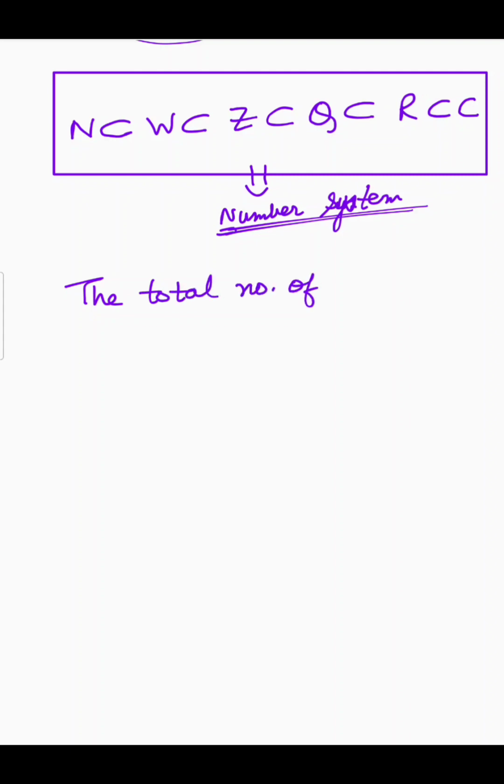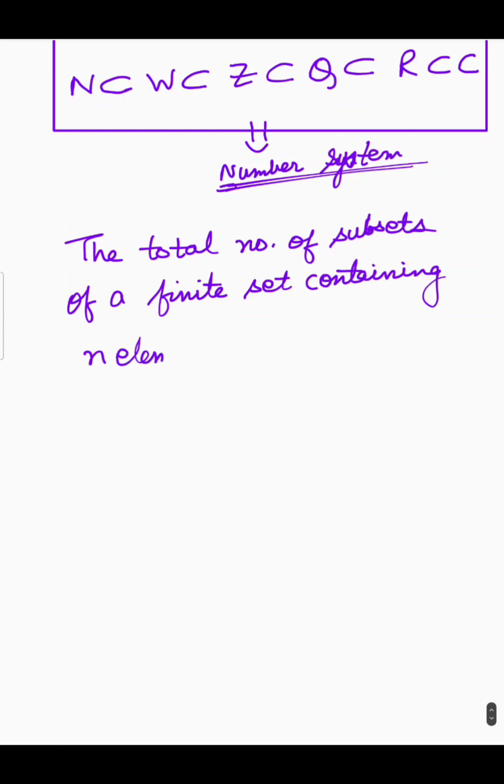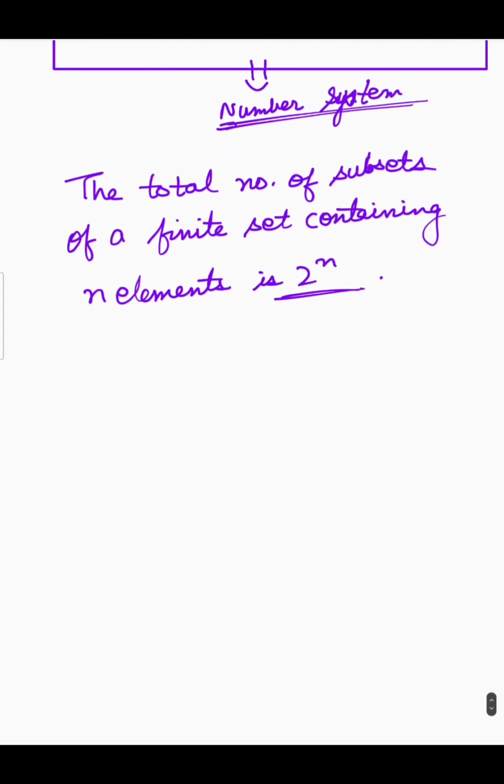The total number of subsets of a finite set containing n elements is 2 to the power n. कितना होता है? 2 to the power n. इसका प्रूफ भी बहुत इजी है, लेकिन इस चैप्टर में नहीं होगा. इसका जो प्रूफ है वो परम्यूटेशन कॉम्बिनेशन से आता है, तो थोड़ी बाद में देखेंगे इसका प्रूफ.